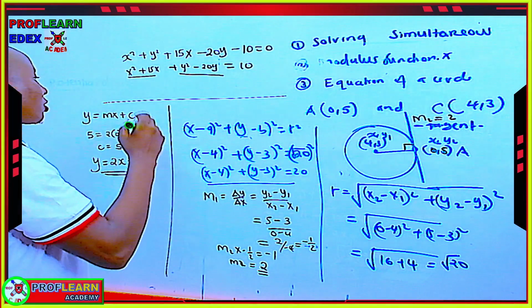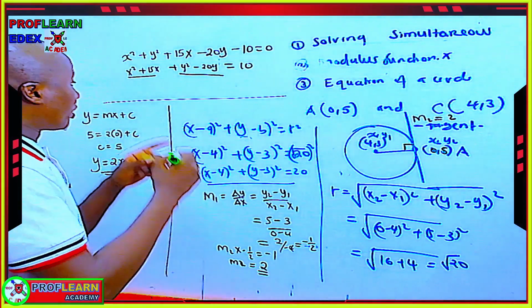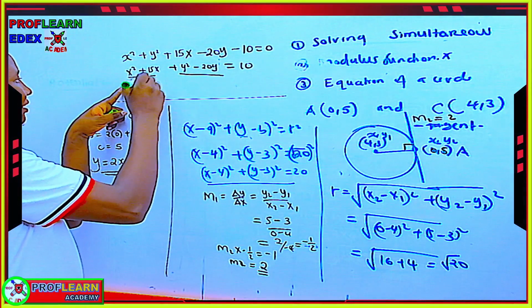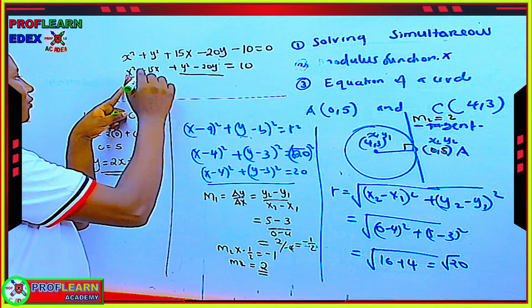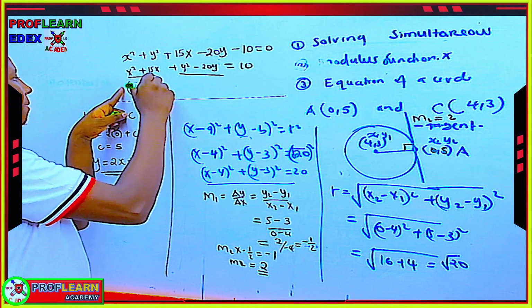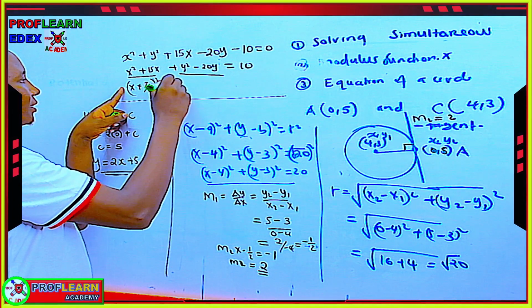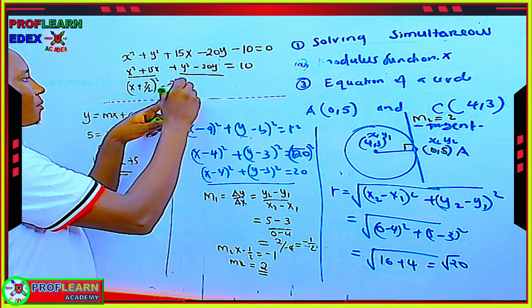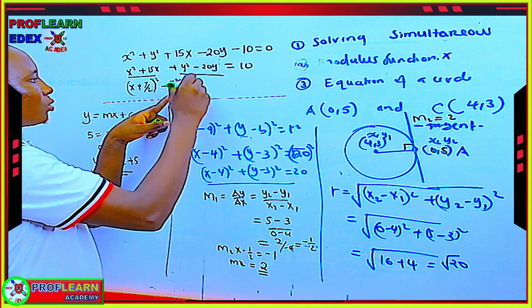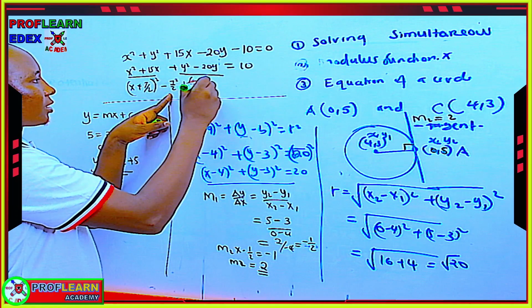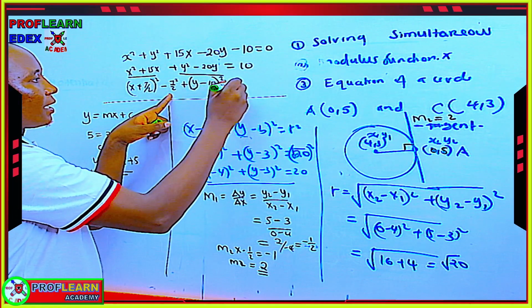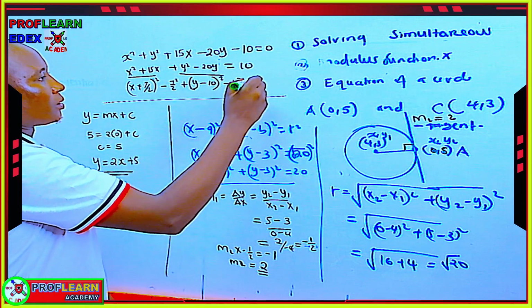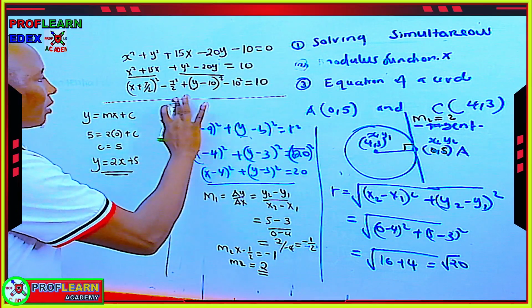To complete the square, remember we take x plus half of 15, which is 15 over 2, squared, minus 15 over 2 squared, and then plus y, half of this number is minus 10, squared, minus 10 squared, equals 10.